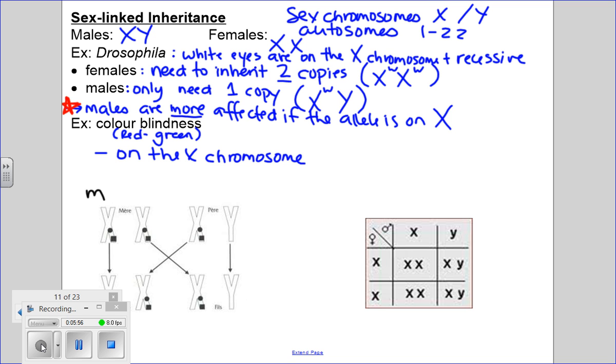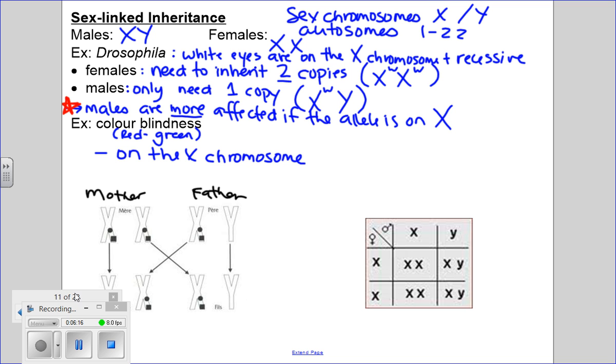If this is your mother and this is your father, there's a particular way that chromosomes are inherited. You might notice the French words for mother and father are there too, a little mini language lesson. Your mother can only give you X chromosomes.